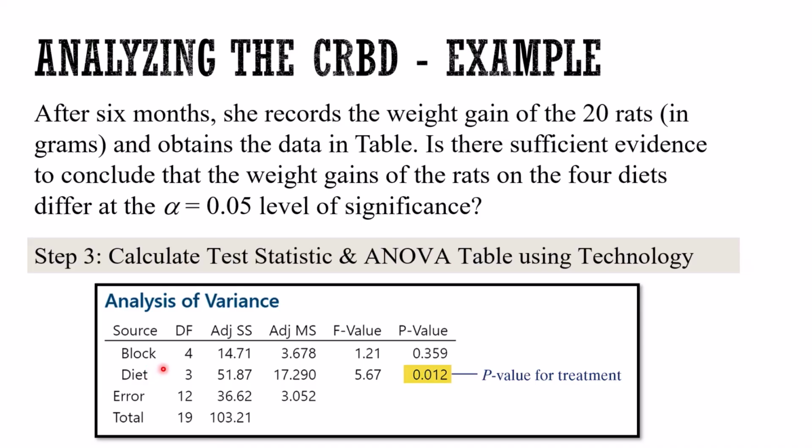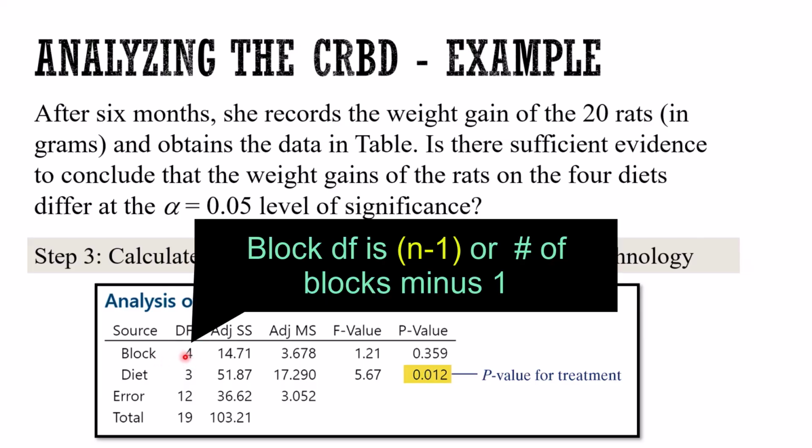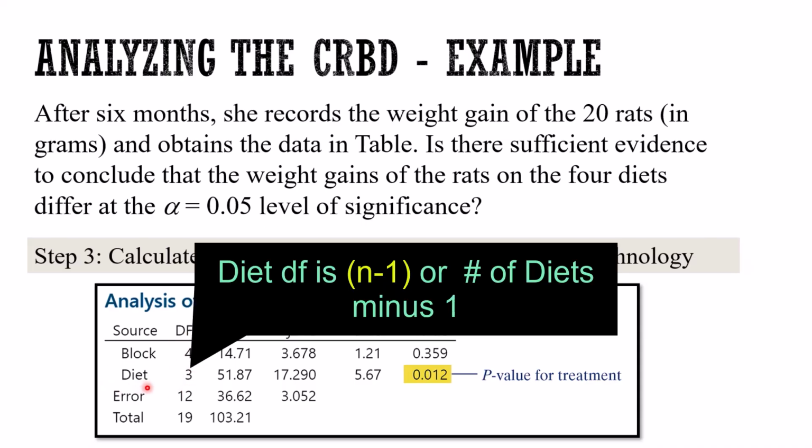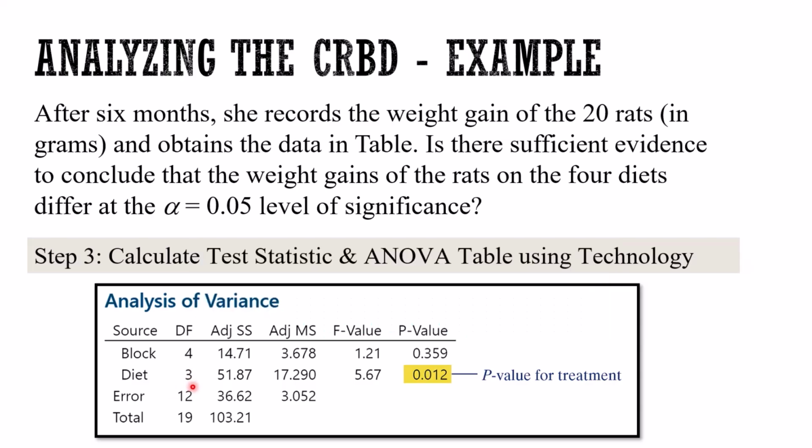So the degrees of freedom would be the number of blocks minus 1. So 5 minus 1 is 4. That's how we got the number 4 here. For diets, we were comparing 4 kinds of diets. So again, 4 minus 1, number of diets minus 1. So that's 3.